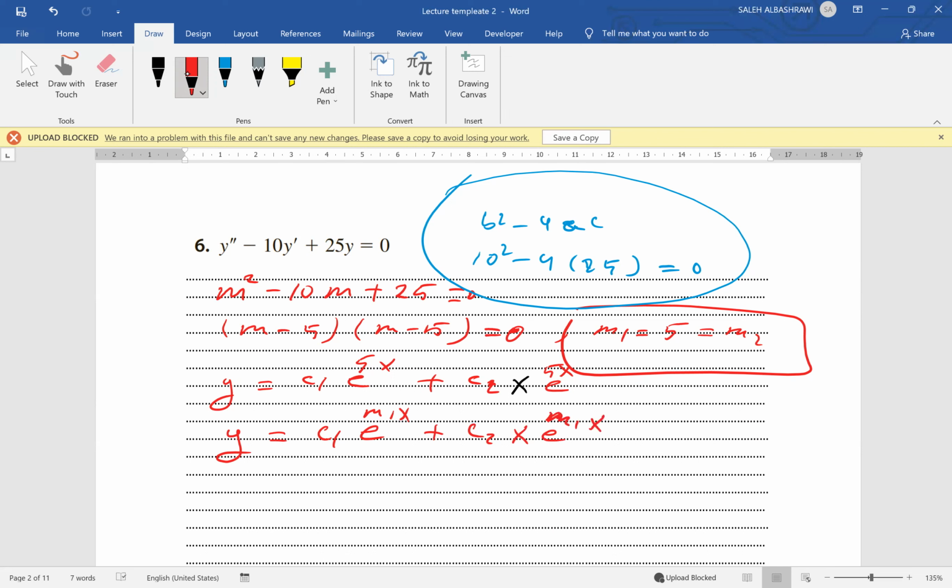So this is the general solution if we have a root with multiplicity 2: y equal to c1 e to power mx plus c2x e to power mx.